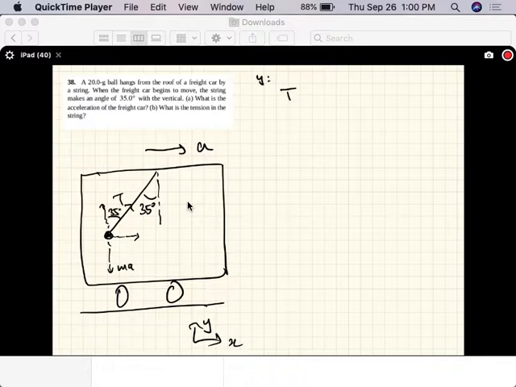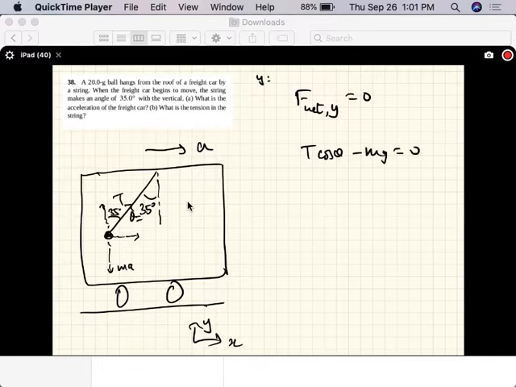So the y component of the force: the ball is not accelerating in the y direction, so the net y component of the force should equal 0. So I can write that. T cosine theta minus mg equal to 0.